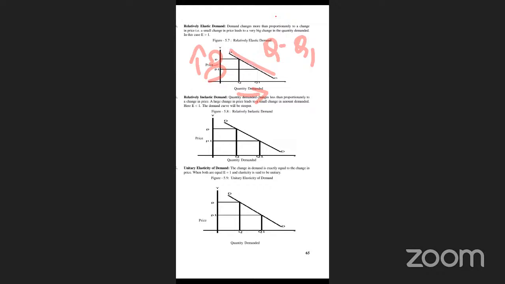And here you can see the demand curve is DD, which shows the proportionate change. And this type of slope of the demand is referred to as relatively elastic demand, which means that a small change in the price is leading to a very big change in quantity demanded.